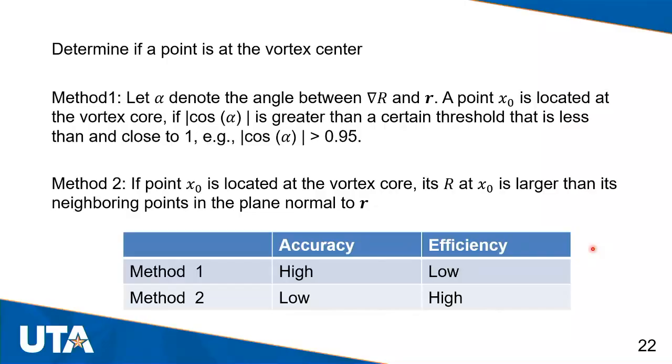So its efficiency is low, and it may miss some points. Then the second way is we know that it's the local maximum. Local maximum means the point is greater than or equal to its surrounding points. So we do not calculate the angle between these two directions. We just check if the point is bigger than its surrounding points. That can increase the efficiency.